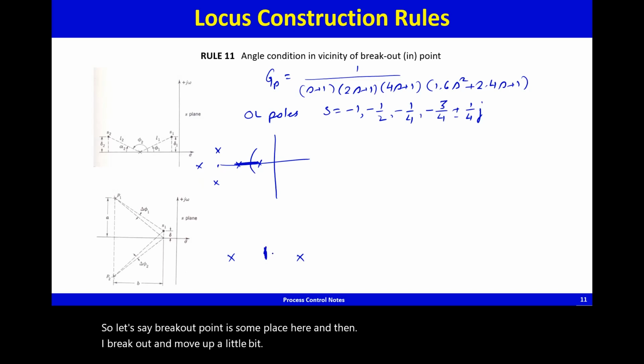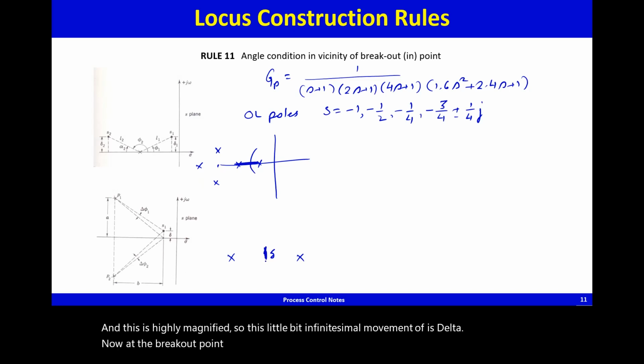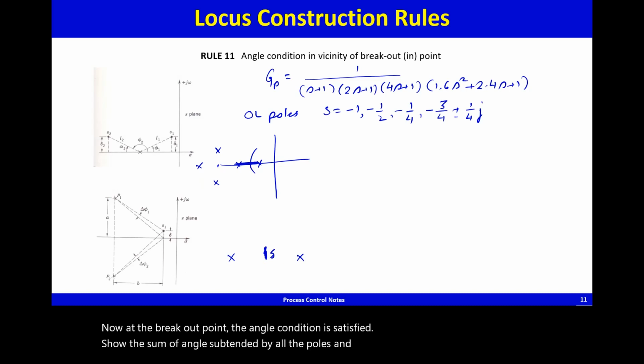This is highly magnified, so this infinitesimal movement up is delta. Now at the breakout point, the angle condition is satisfied, so the sum of angles subtended by all the poles and zeros of the open loop transfer function is an odd multiple of pi.